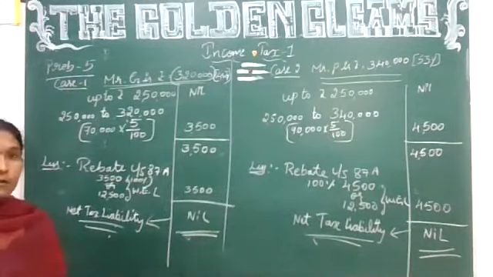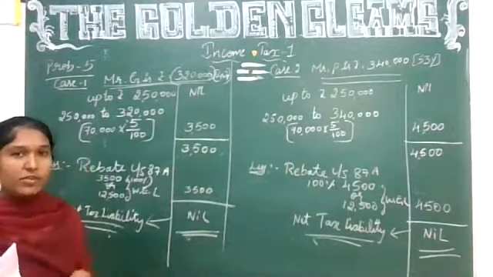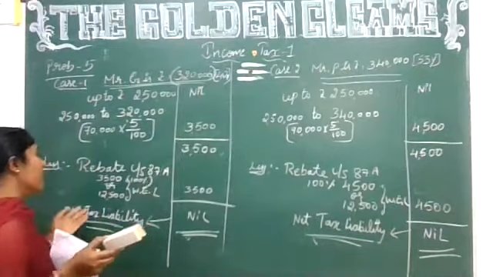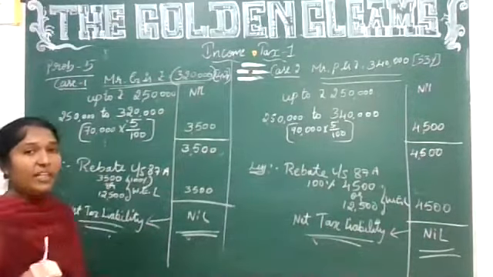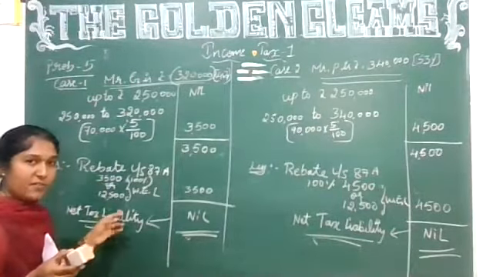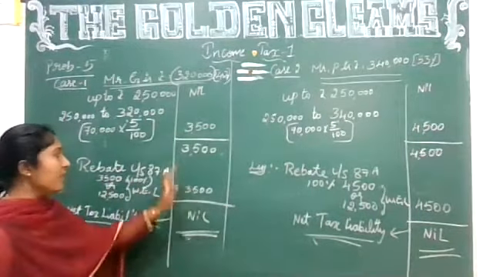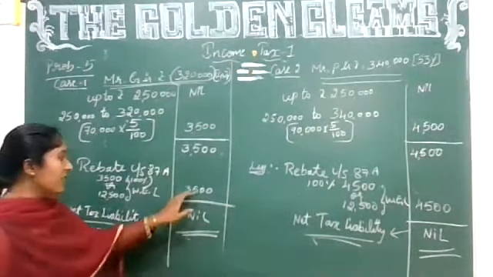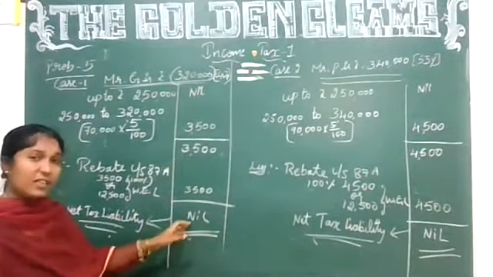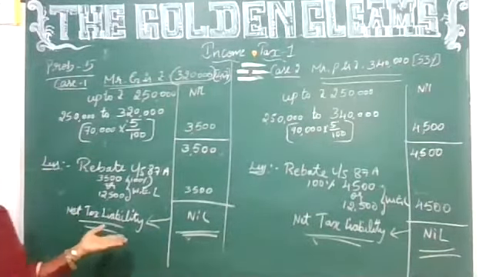Then the next slab is 2,50,000 to 3,20,000, the amount is 70,000. 70,000 into 5 divided by 100 is 3,500. On the 3,500 we calculate the rebate: 3,500 or 12,500, whichever is less, that is 3,500 only. 3,500 less 3,500, the answer is nil, that is the net tax liability.